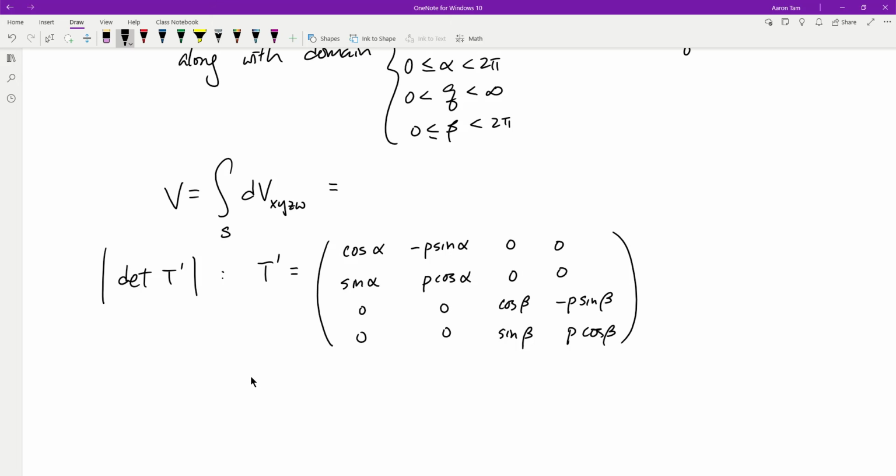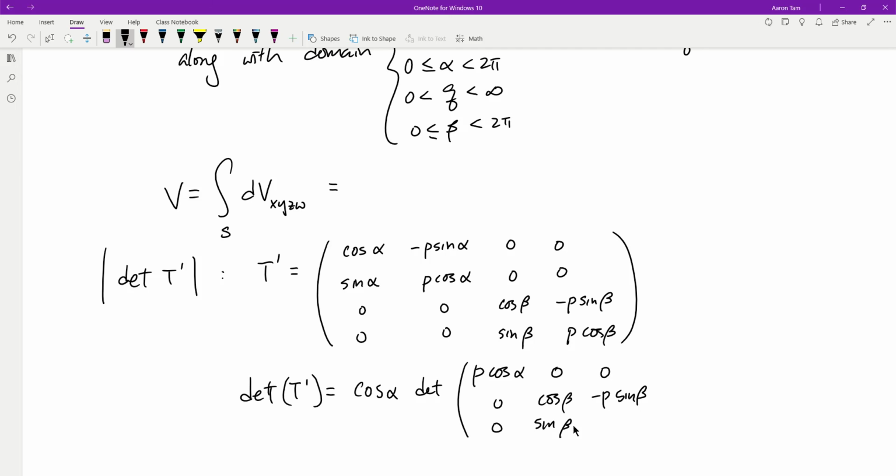So what is the Jacobian determinant for this thing? Because I have the zeros, it actually makes it pretty easy to do. I'm going to say this is just cosine alpha times the determinant of P cosine alpha, 0, 0, 0, cosine beta, negative P sine beta, 0, sine beta, P cosine beta, plus, or actually minus.